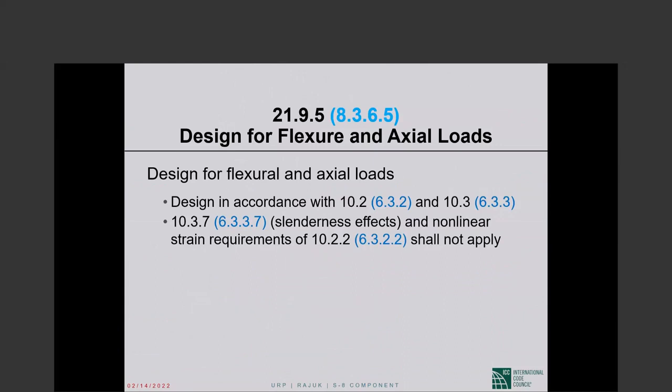We said in 94 UBC that it does not make any sense to make this distinction between the boundary elements of the shear wall and the web of the shear wall, and to pretend that the web does not do anything for us when it comes to flexion and axial loads.